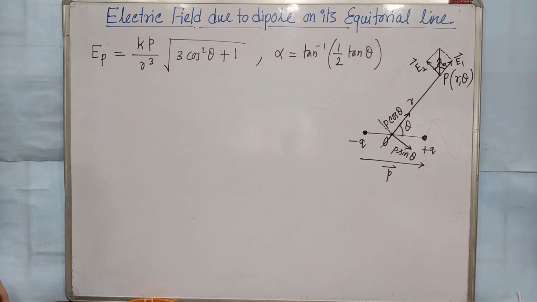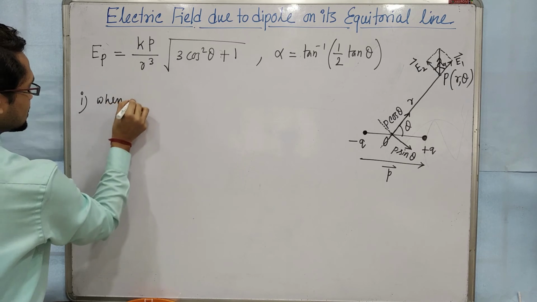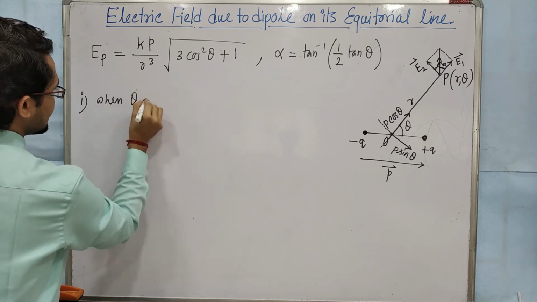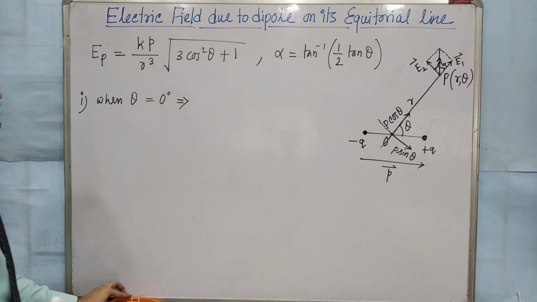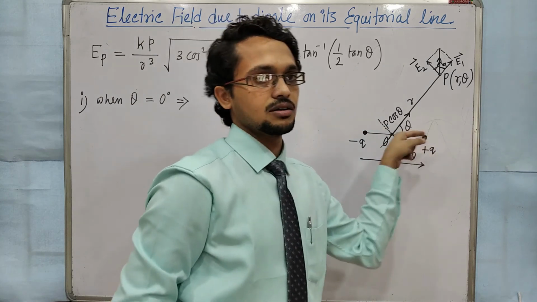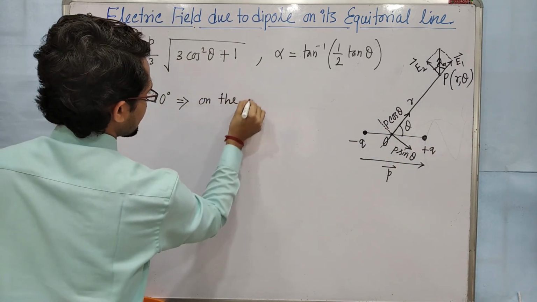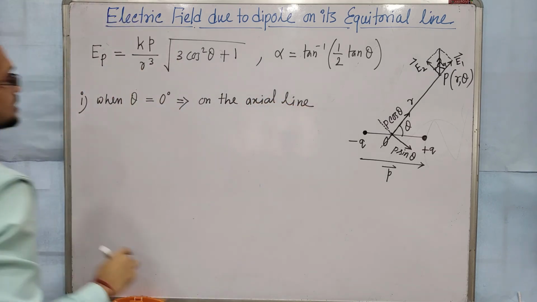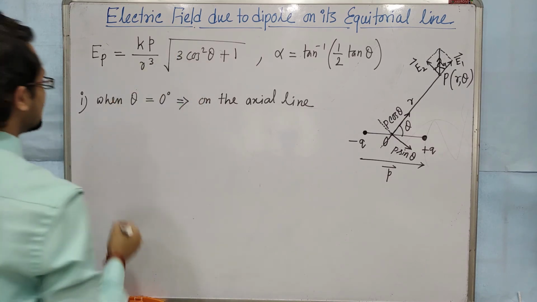Now first, when theta equals 0 degree, that means on the axial line. Cos 0 means 1.